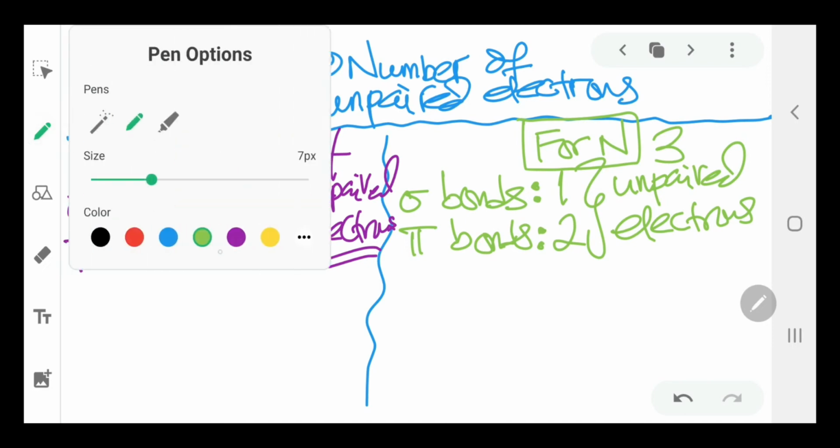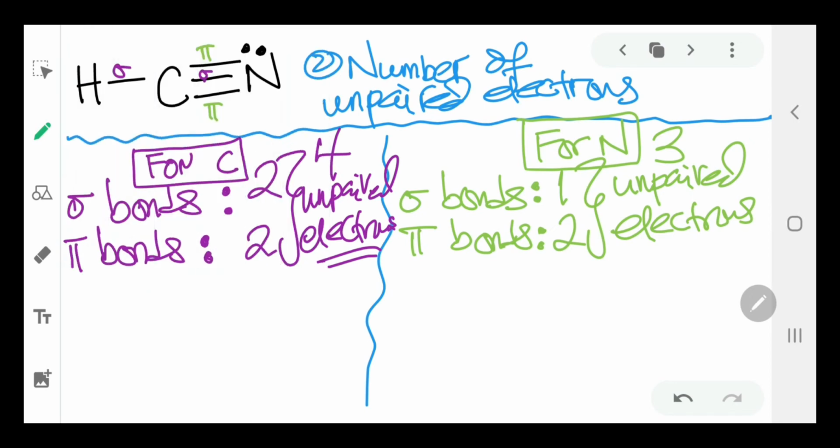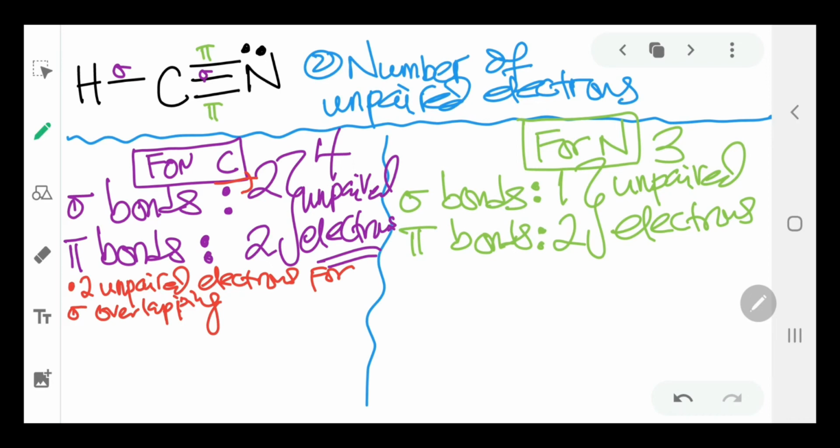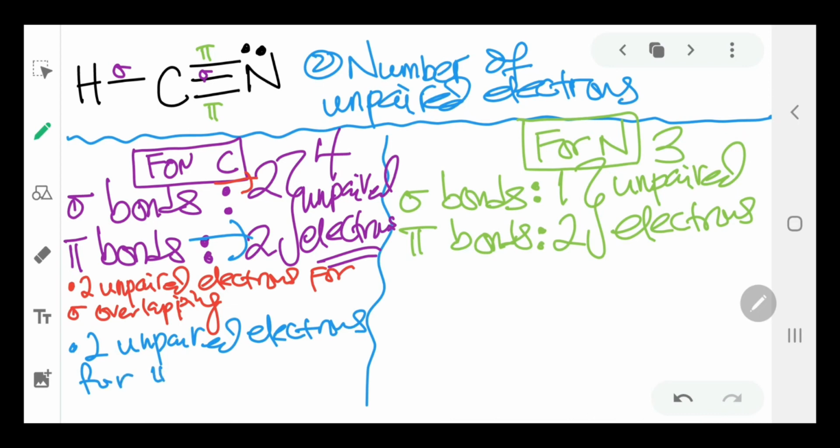What we have identified in the beginning is these 2 unpaired electrons for sigma overlapping, and then the 2 unpaired electrons for pi overlapping.